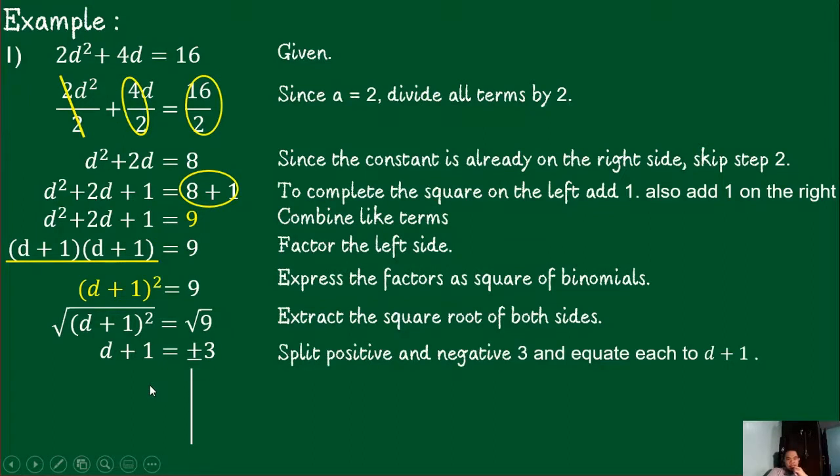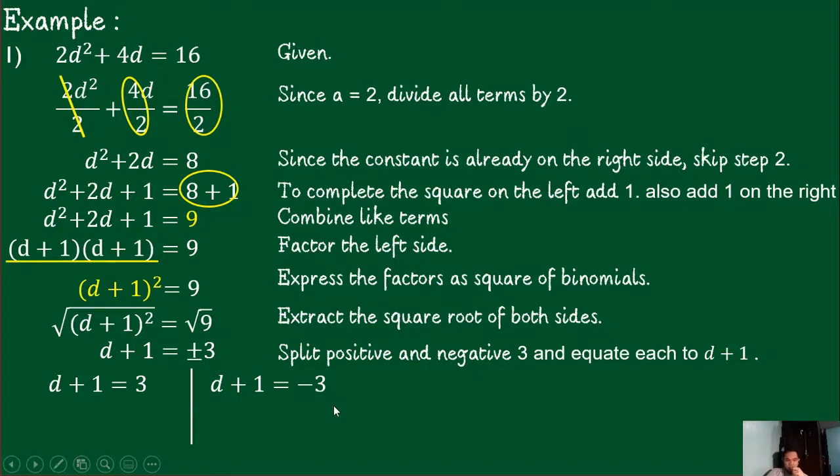Then split positive and negative 3, then equate each to d plus 1. So si d plus 1, i-equate natin yan kay positive 3 and kay negative 3. So meron na tayong ganitong equation, which is linear: d plus 1 equals positive 3, d plus 1 equals negative 3.